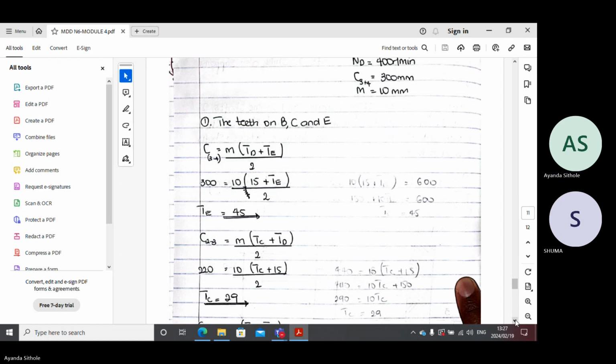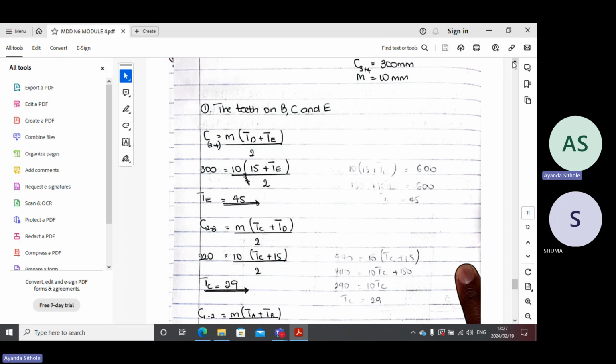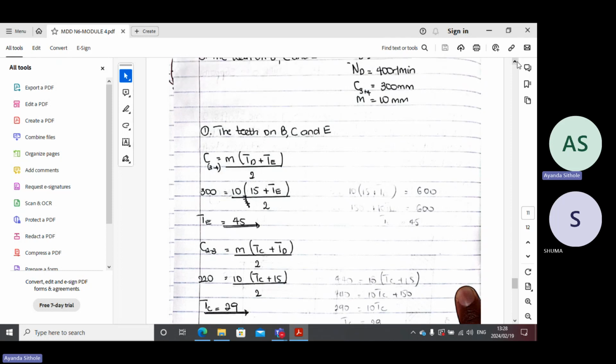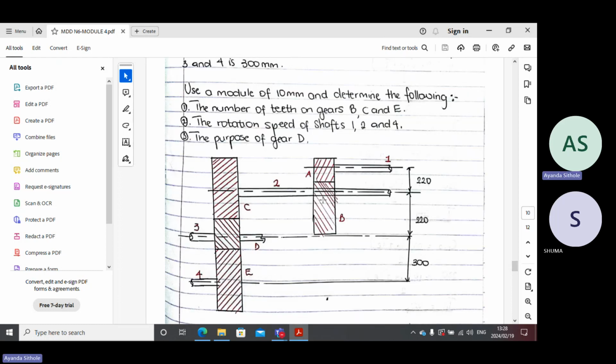Okay, so we were looking for the number of teeth for B, C, and E, right? Then the center distance from gear 2 to 3. Let's go check our gears 2 to 3. 2 to 3 is this one, that means it's C and B. The center distance from 2 to 3 is 220.